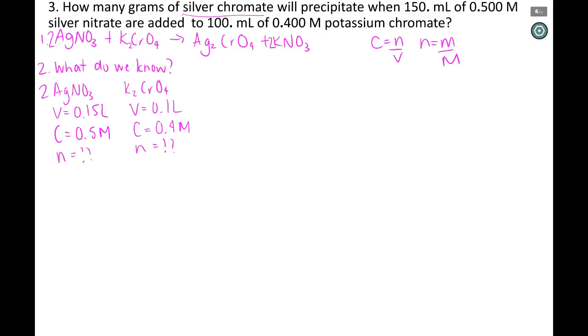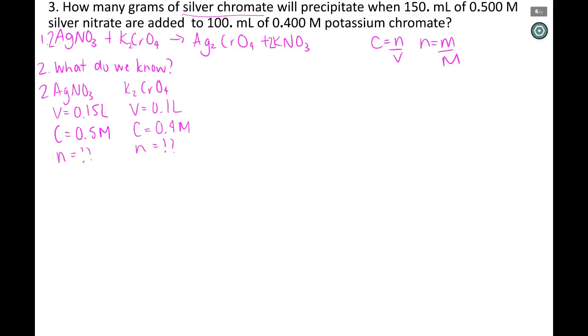Now when we're looking at our limiting reactant and our excess reactant, the limiting reactant is the one that is completely consumed, whereas the excess reactant will be the one that is not completely consumed. So when we are working out how many grams we have left over, the one that has the smallest number is the limiting reactant.